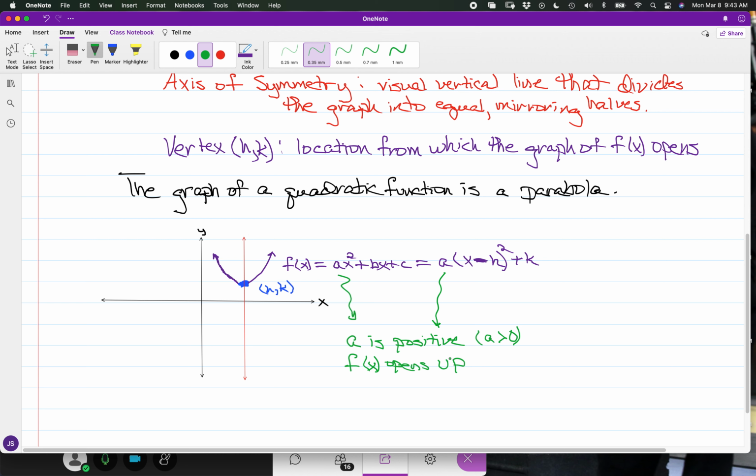Whenever the graph opens upward, notice that (h, k) is the bottommost point of the graph of this function, so the vertex is regarded as the location of the minimum.